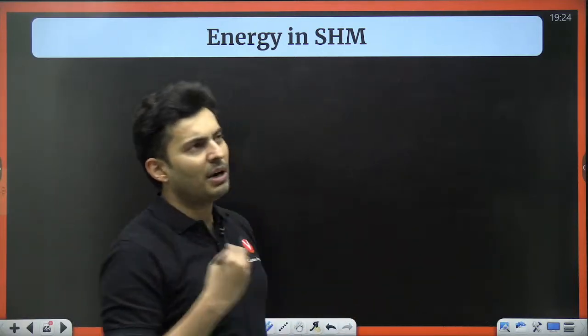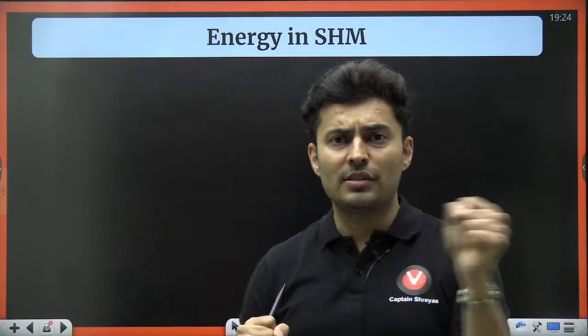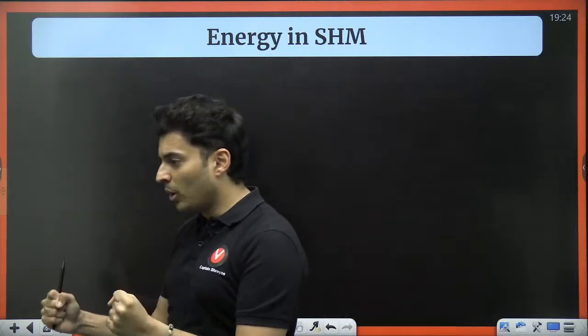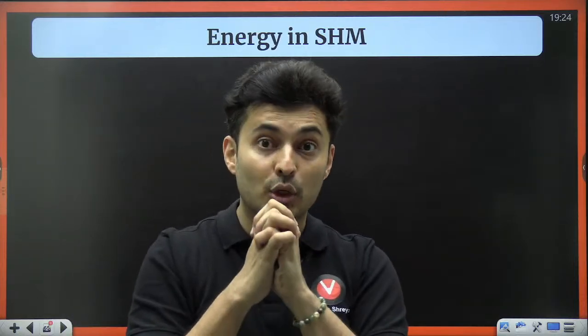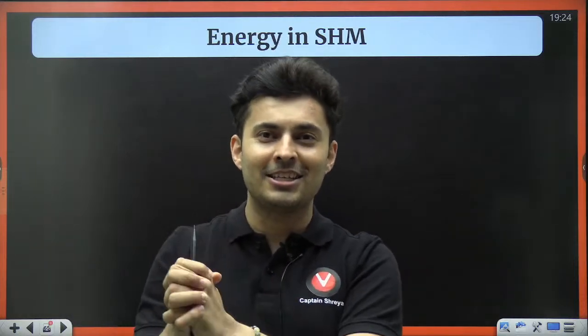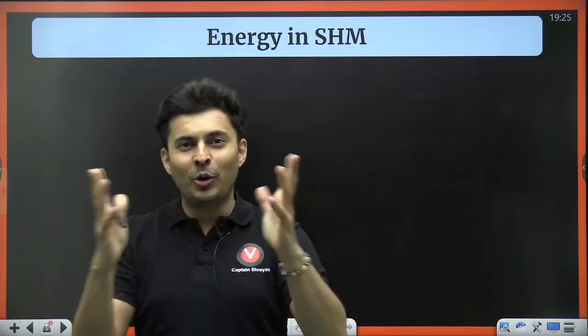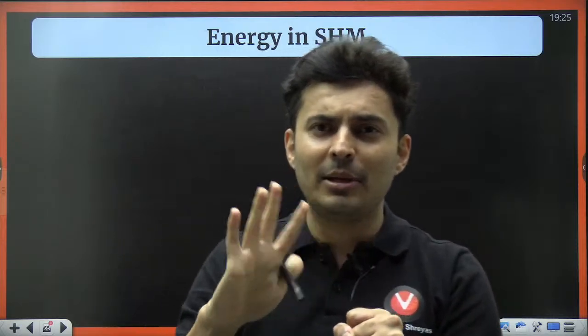Any oscillating particle has elastic energy, and because it is in motion, it has kinetic energy. Both these energies combine together and you get the total mechanical energy. And this total mechanical energy can't be magically created or destroyed.